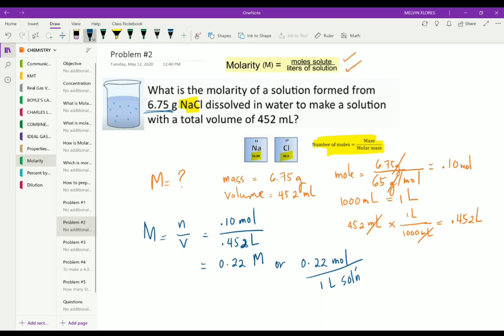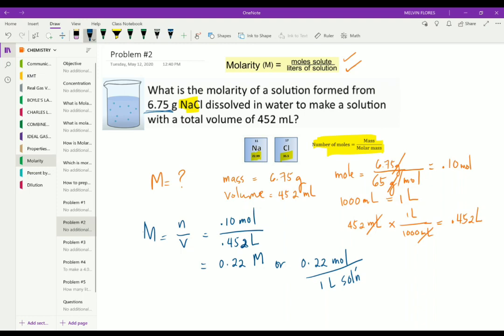Molar mass is calculated by adding the masses of the elements present in a compound. For example, in NaCl, there's one atom of Na and one atom of Cl, so you use each atomic mass only once.